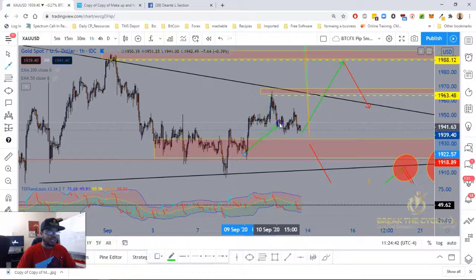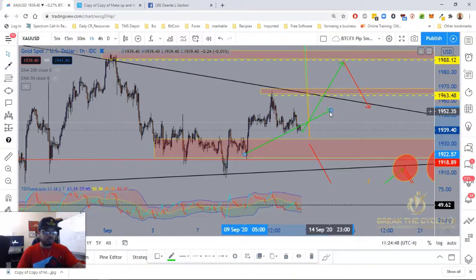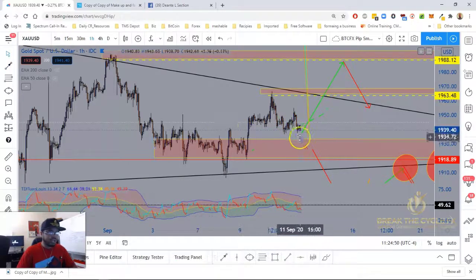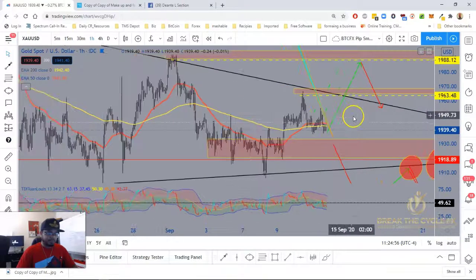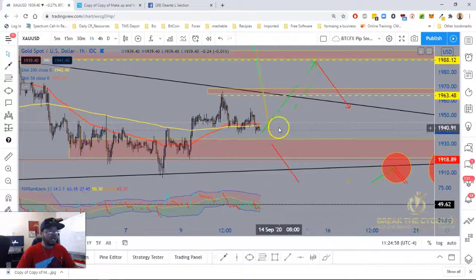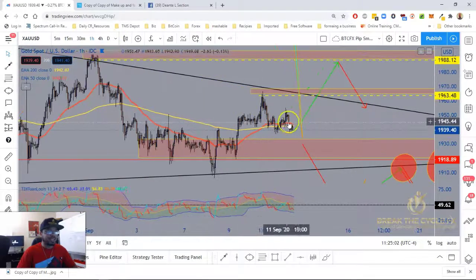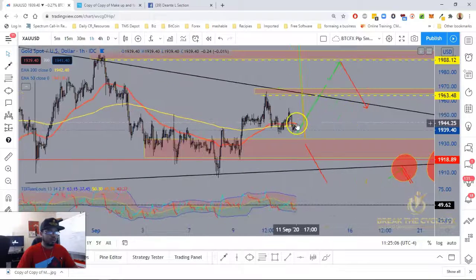Right now it's just kind of stair stepping down for a nice little retest, and I expect it to buy back up. So anyway, in this area, if you see price start to reject back up, boom, you can take that bad boy. Alright? Especially if price breaks back above the 50 on the 1 hour, guys. I mean, you're probably good to go on for a while, okay? So, at least to take profit 1, okay?